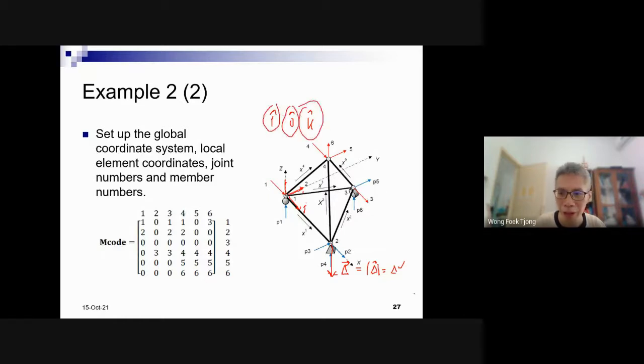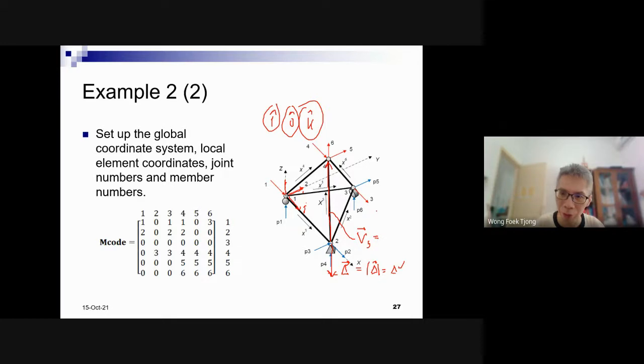Okay, so we should express this vector in terms of ijk. The question is how? Okay, please look at this vector. Because this is parallel, let me call it V5. V5 is the vector of bar member 5. And then we calculate the direction cosines. How to calculate the direction cosines?